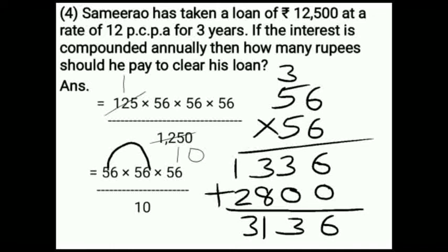Now I will multiply the third 56 into 3136.